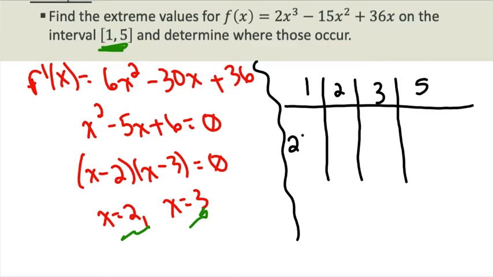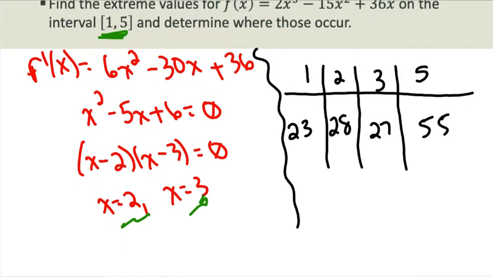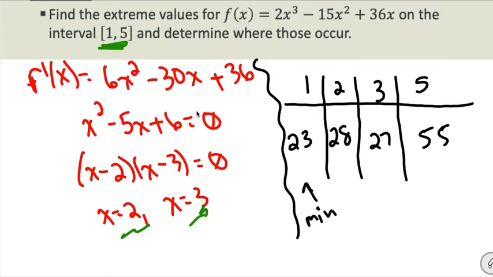1 gives you 23. You can try these on your own if you want to pause it and see if you get the right answers. For 2, I got 28, for 3, I got 27, and for 5, I got 55. Okay, so we have a min at 1, 23, but let me back up a step, because all I'm asked for are the values, find the extreme values.